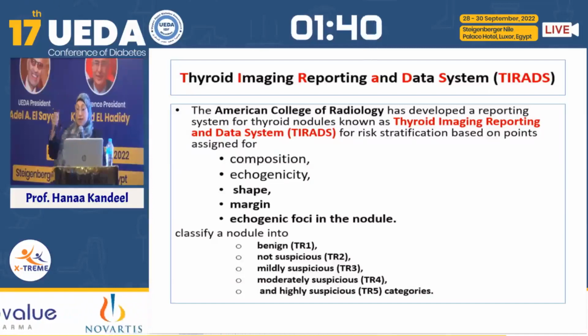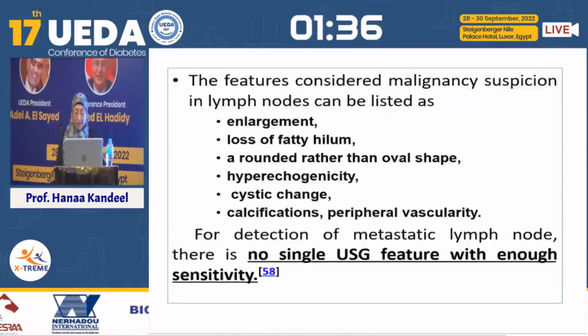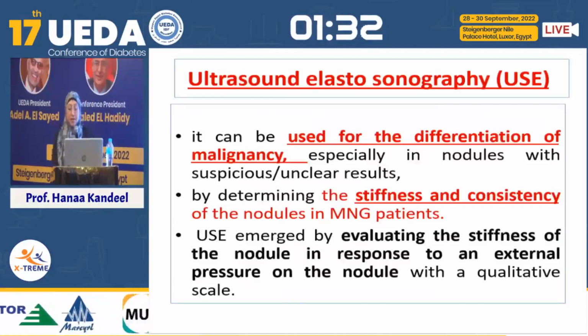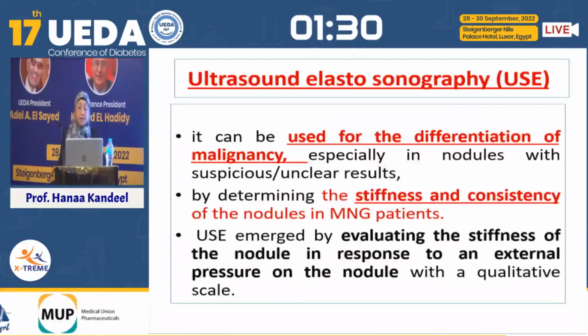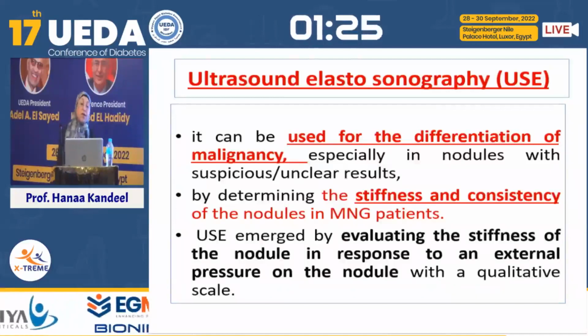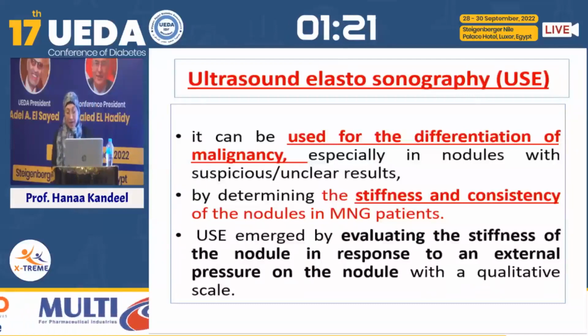Increasing this number denotes that it's a dangerous nodule and the patient needs fine needle aspiration. The ultrasound elastography: if you find the gland is hard and we cannot differentiate between benign and malignant, we can send the patient for ultrasound elastography.